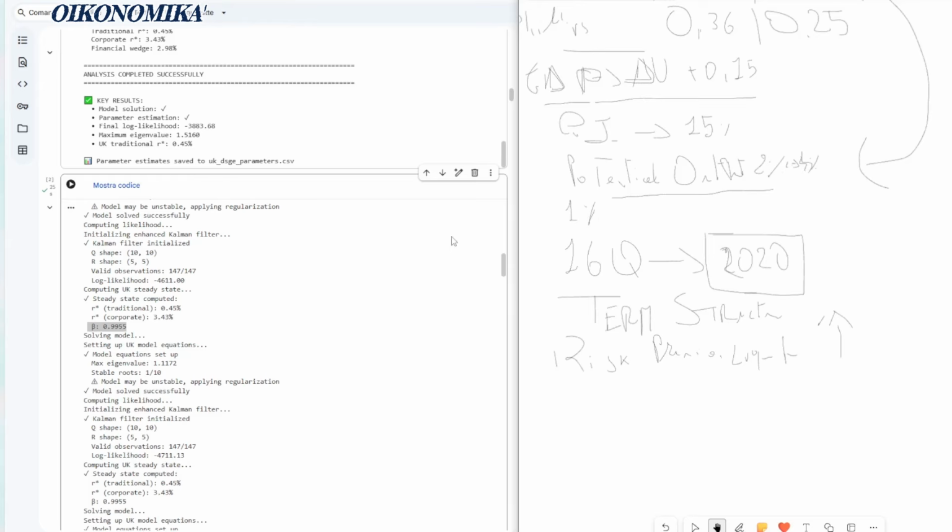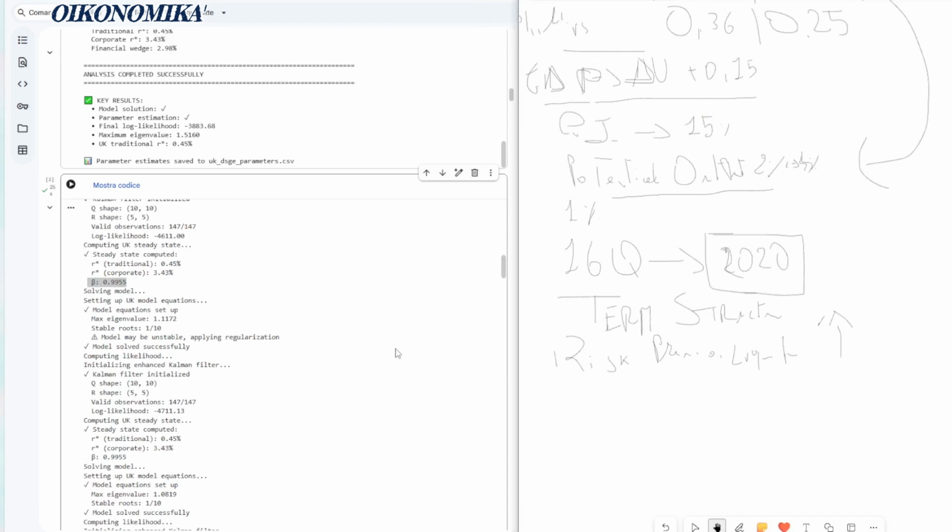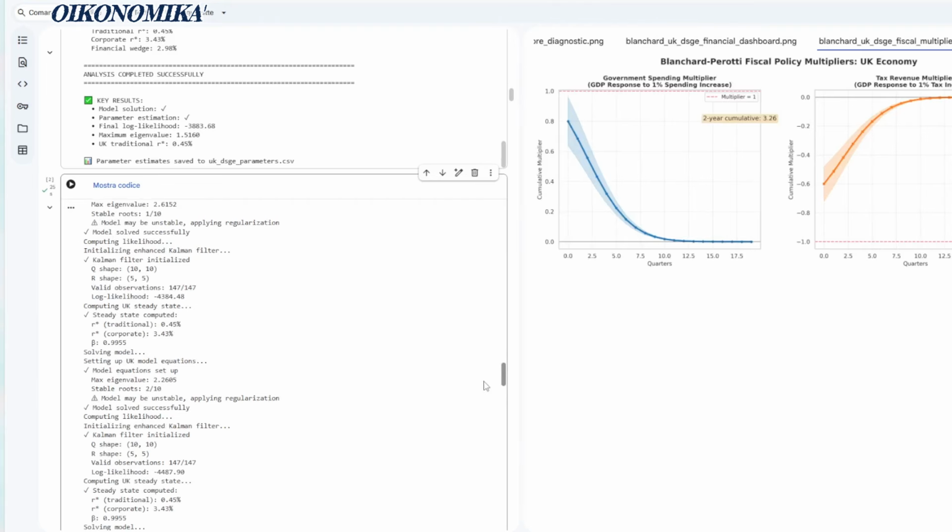But the beta discount factor defines this, that basically households have a low level of patience for postponing, deferring, waiting for consumption. Okay, they just consume immediately and they don't care. Right? I think it's pretty much the real life behavior.